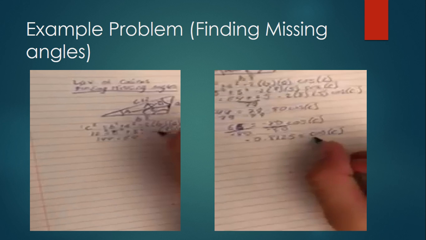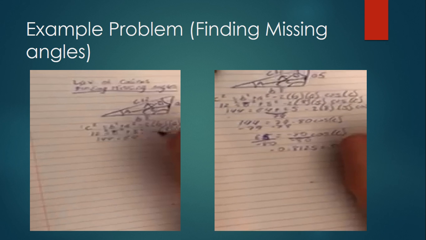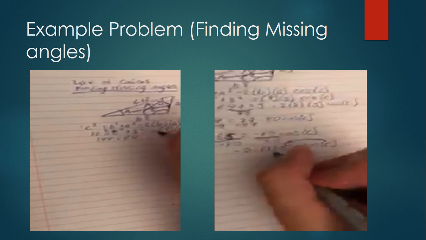For this part, you want to take cosine's inverse, so you want to do inverse cosine. Basically, the angle you want to find flip-flops with this.